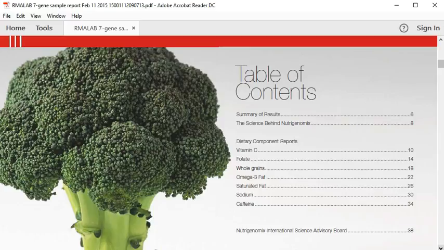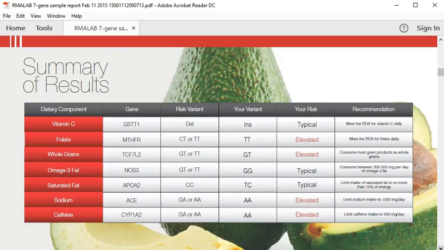So this report gives a sample of a variety of nutrients that interact with gene variants. Again, I'm not using this as a way to say something's right, wrong, or indifferent, but just to show how you might interpret this type of report and help a client or the public understand it.